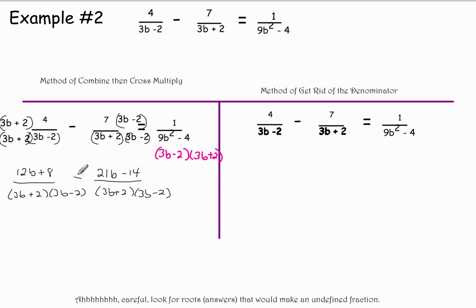When you subtract, you must add the opposite. So 12b plus negative 21b gets me negative 9b. 8 plus 14 gets me 22, all over 3b plus 2, 3b minus 2 equals 1 over 9b squared minus 4.